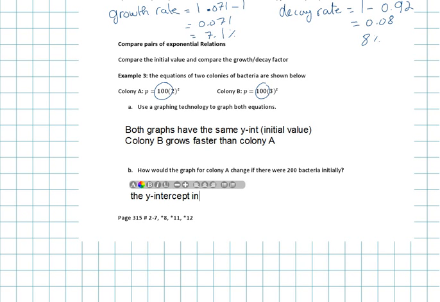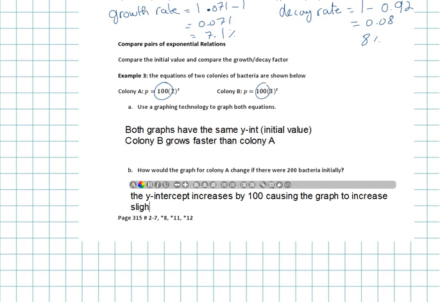Increases by 100, causing the graph to increase slightly faster than the original graph.